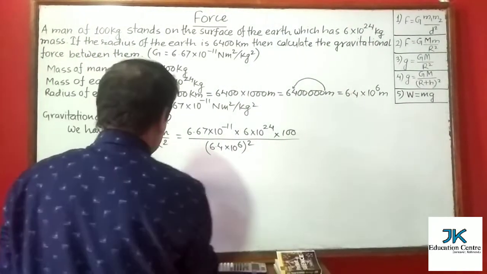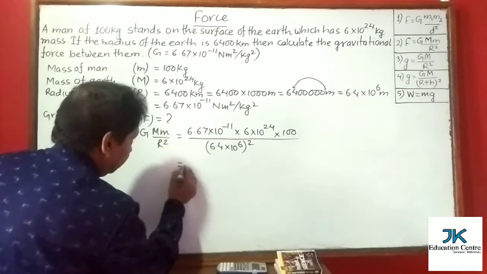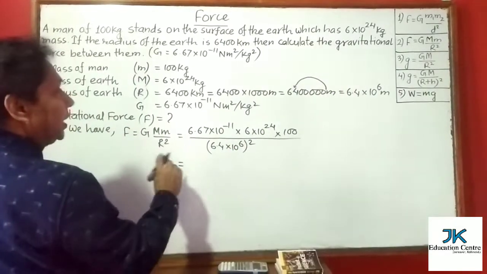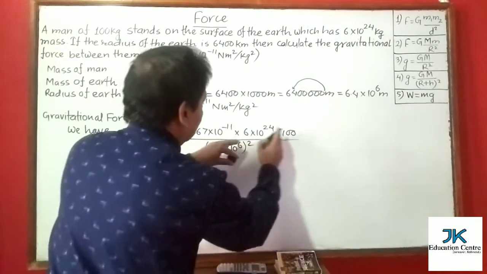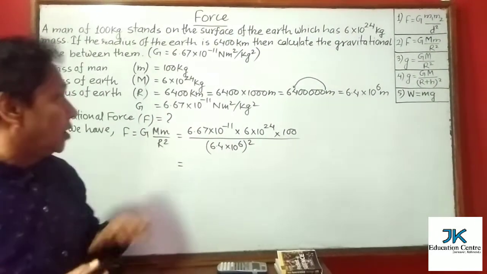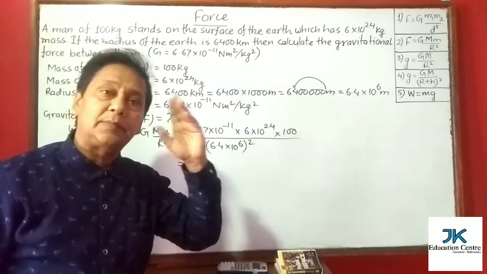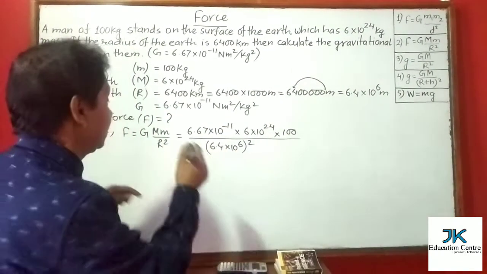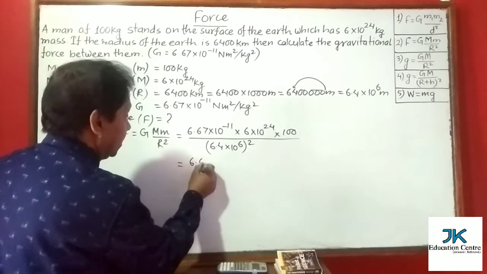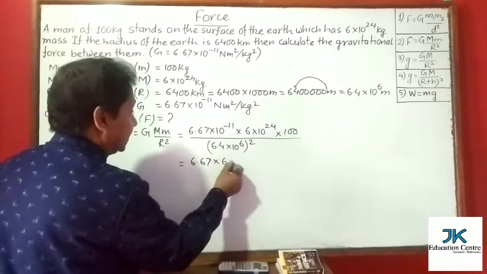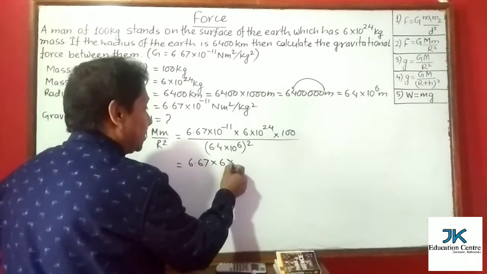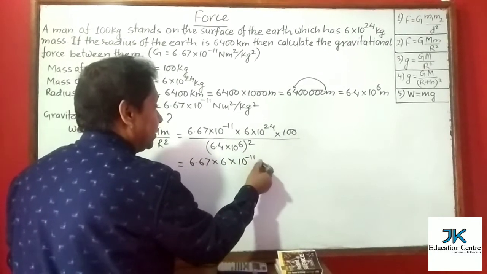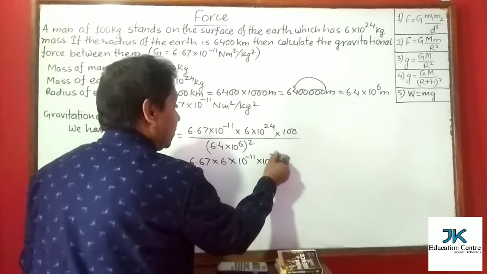Now this is equal to, see, as I suggested in the previous class, we first write the numbers, 6.67 into 6, and then we write the powers of 10: 10 to the power minus 11 into 10 to the power 24.